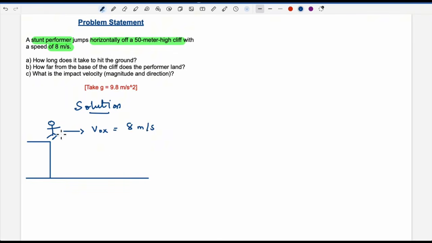However, as this stunt performer moves horizontally, he's going to fall vertically. And in that case, we know the trajectory is going to be a parabola. We also know that the vertical height, that is the height of the cliff, is 50 meters.